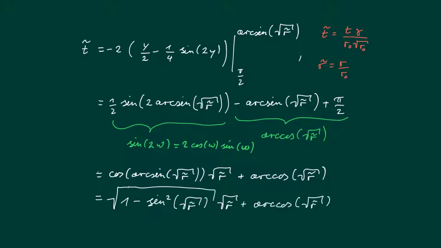That is this expression where now we have replaced cosine with this function here, and we are left with sine squared of arccosine, and this will give us here the modulus of r tilde, because square root of r tilde.